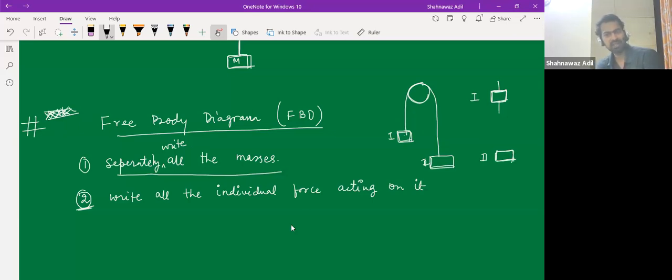Is this clear, guys? Yes, sir. Okay, please note it down. And you guys will see the importance of this free body diagram. Please note it down, and then we'll start the next topic.